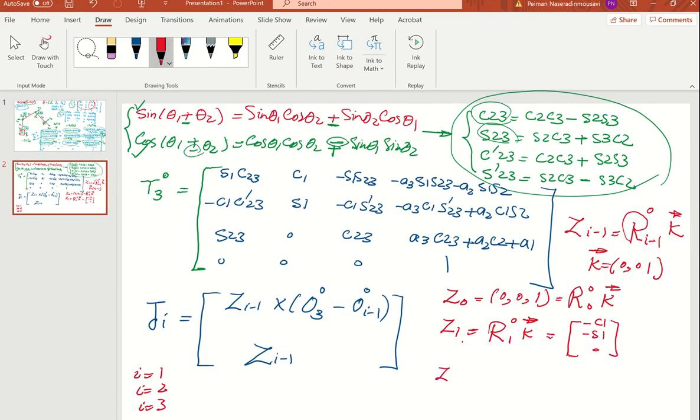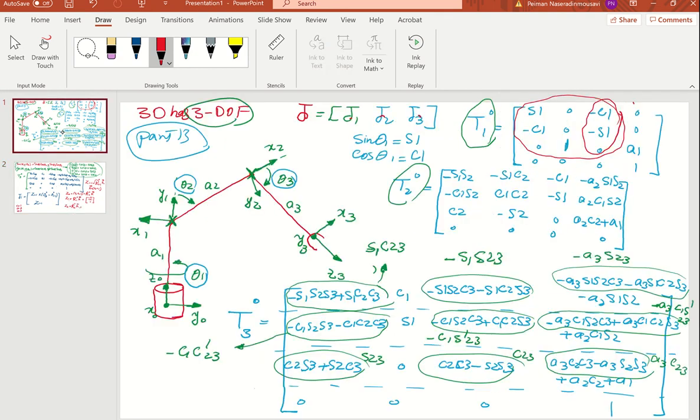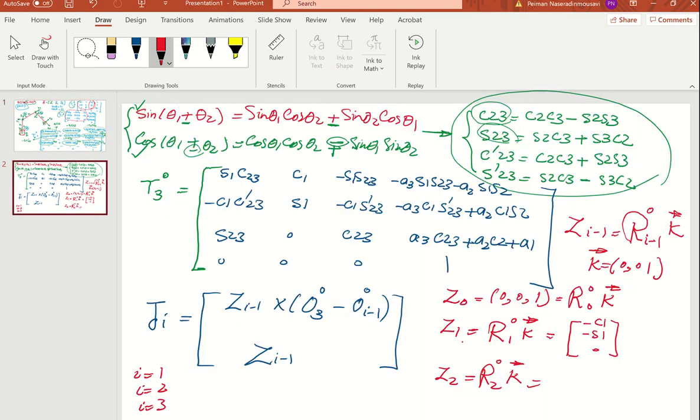And I derived Z2 is R2 with respect to 0 times K. R2 with respect to 0, because this is T2, again is gonna be the same value. Don't think that always they're gonna be the same. No, this specific problem has such a configuration. So now we have Z0 for J1, Z1 for J2, and Z2 for J3.